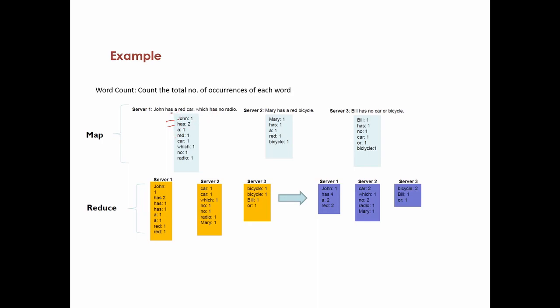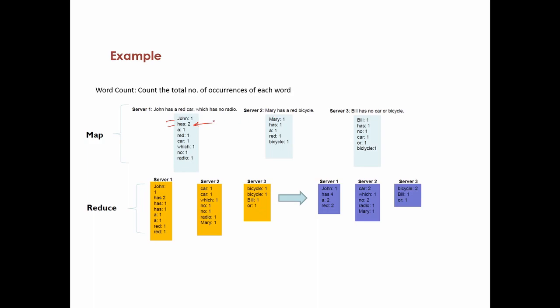There are two has here, so it is directly saying has 2, but actually what is happening here is it will be output as has colon 1 and then another has colon 1, and then there is a way of combining things. There is a method called combiner which can do this.